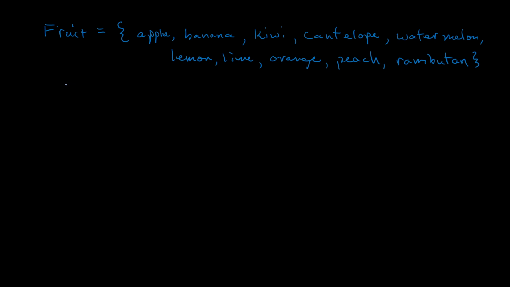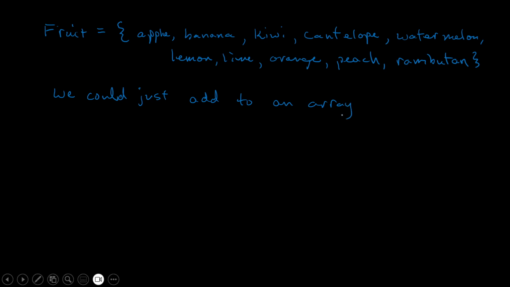So that's our fruit. What we could do is just add them to an array. But to do that, how would I have to store these?